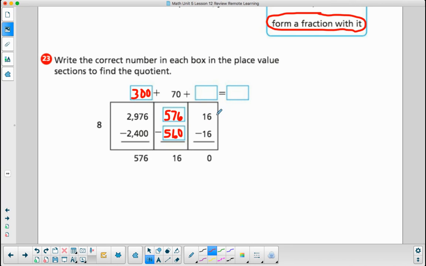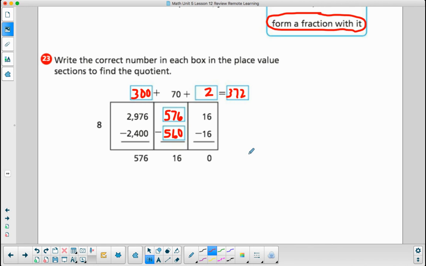How many 8s would that 16 be divided into? It would be 2, because 2 groups of 8 is 16, and now I would have nothing left. So now I'm going to add the length of each little rectangle to get the length of the entire rectangle.